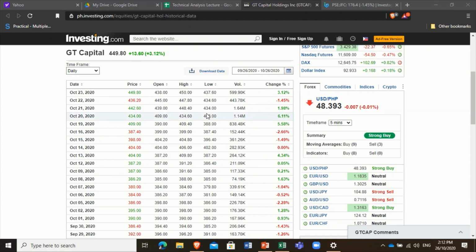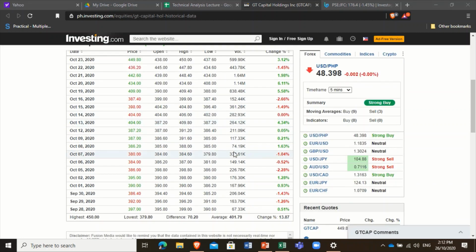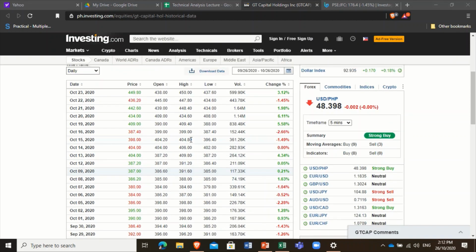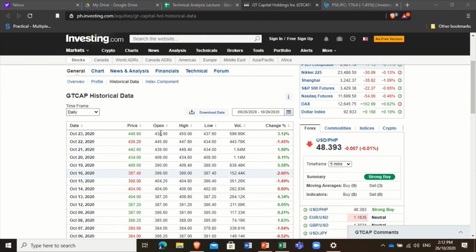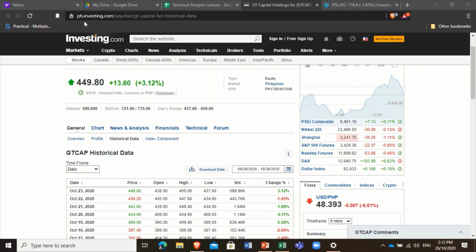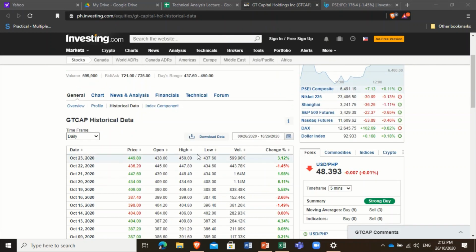Syempre, the first thing that you have to do is to download the information of the firm that you're trying to evaluate. So in this case, I chose GT Capital Holdings as my example, and I'm using ph.investing.com as my source of historical price data of the firm.